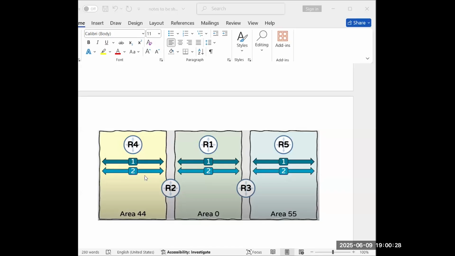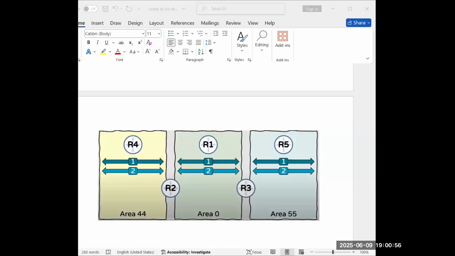That is also going to be within this area only. So it's not going to cross between areas. That is the type 2 LSA packet. Next is summary LSA.